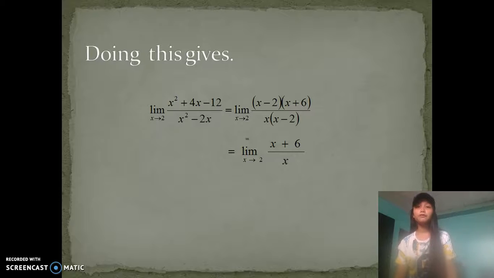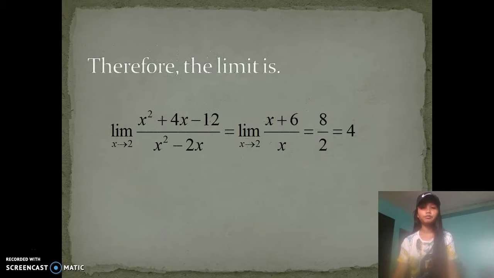Upon factoring, we saw that we could cancel an x minus 2 from both the numerator and the denominator. Upon doing this, we now have a new rational expression that we can plug in or directly substitute x equals 2 into, because we lost the division by 0 problem.